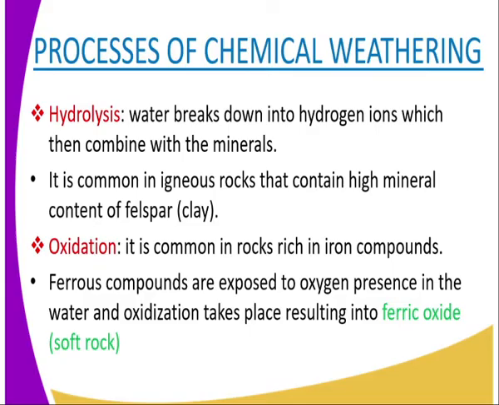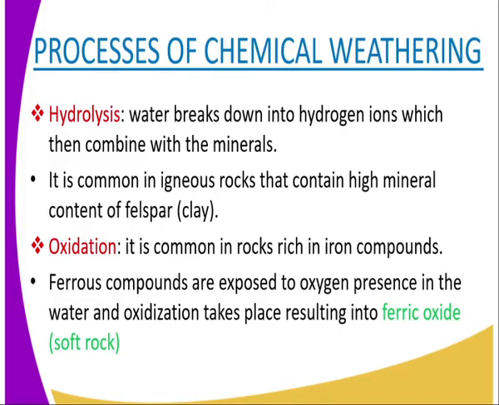ions, hydrogen ions and oxygen ions. So when it breaks down into ions, the hydrogen ions have the capacity of combining with other minerals. They start reacting. Now it becomes a substance that can react.